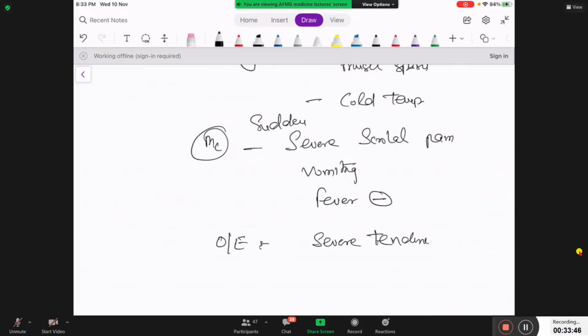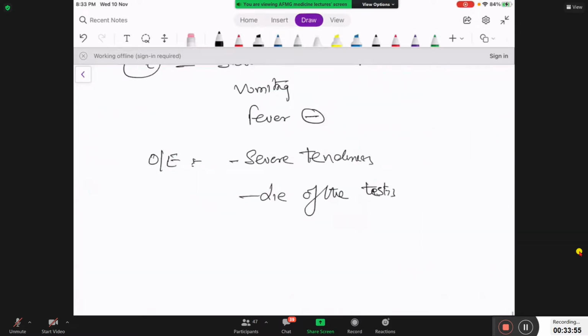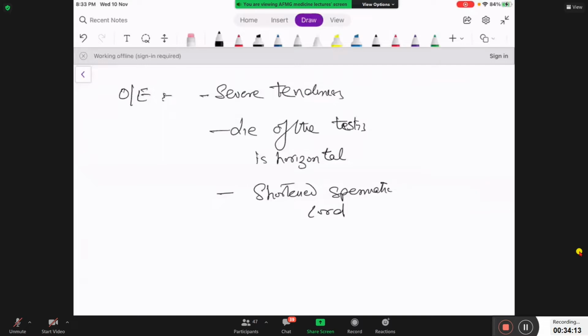Severe tenderness is there, and you will find the lie of the testis is horizontal. Lie of the testis has changed. You will find a shortened spermatic cord, and you will find that the cremasteric reflex of the patient is absent.